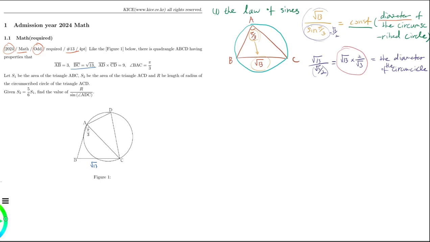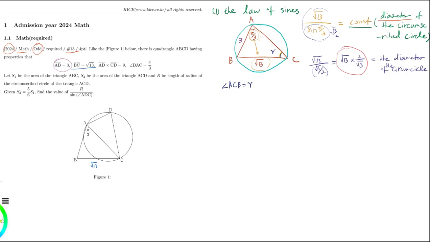Let me go further and dive into the problem here. In this problem, the length of line segment AB is also given as 3, and let's say the angle ACB, I will denote it as gamma.